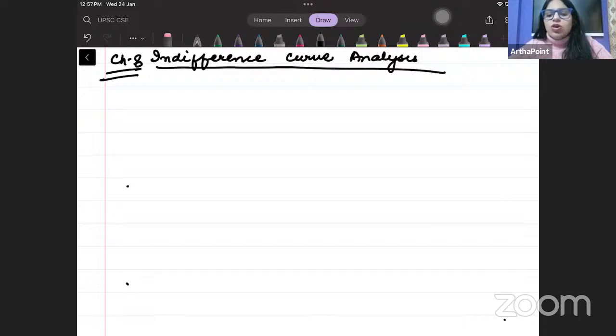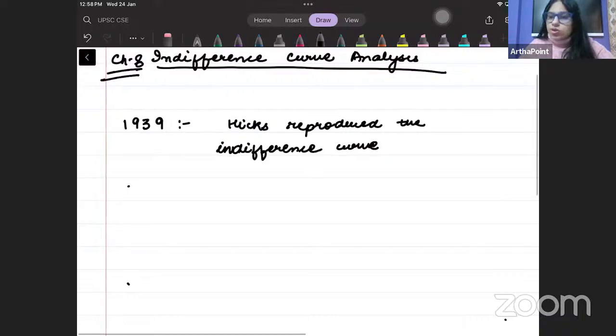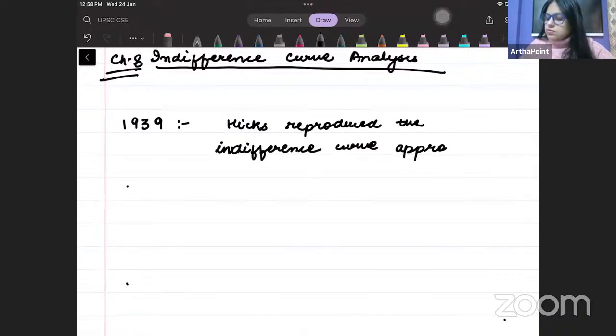So, in order to understand this approach, we first want to talk about an important person. He is Hicks. In 1939, Hicks reproduced the indifference curve approach, and his book name was Value and Capital.